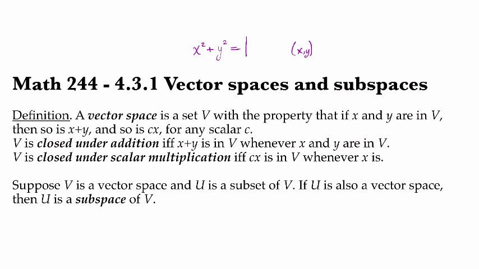And then it's a consequence of this that if V satisfies both, then V is closed under taking linear combinations.